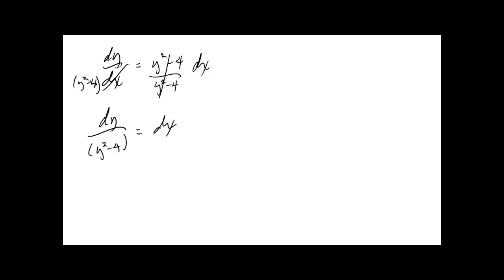All right. What are you going to do with that? Integrate both sides. The integral of dx would just be x. All right, you did the easy part. Yeah. Okay, what are we going to do to the right-hand side?